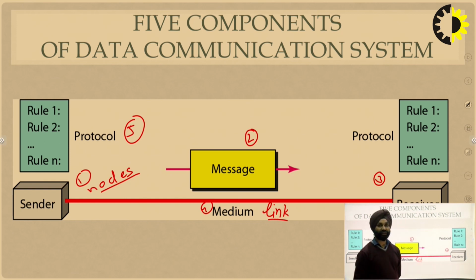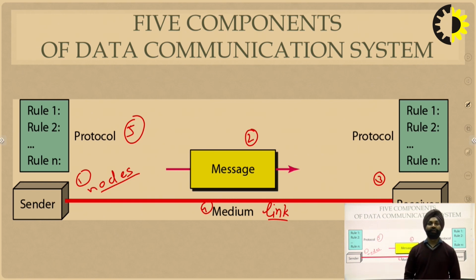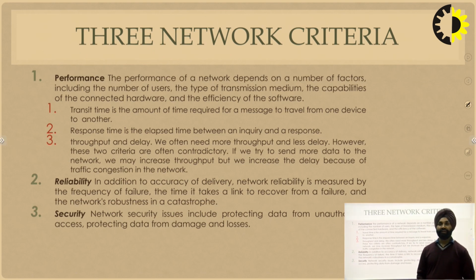So a data communication network is a network of two or more devices connected with a link, and with a set of rules we transmit a message from sender to receiver. To create a network, we need to fulfill three criteria.